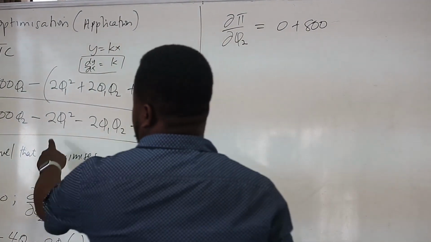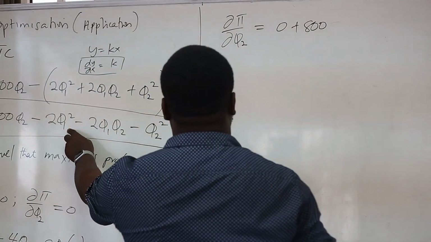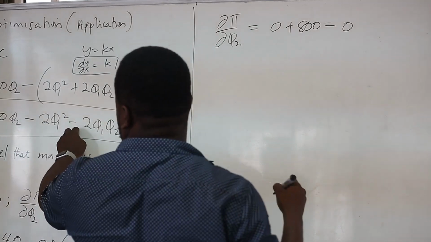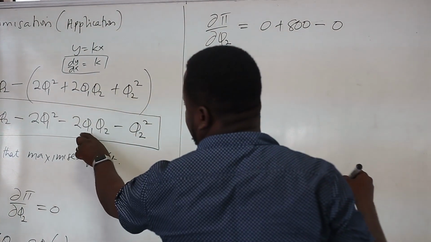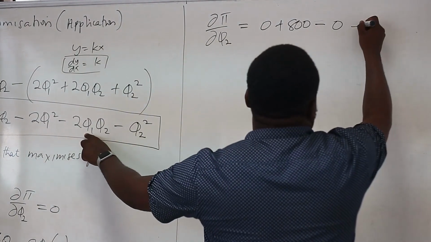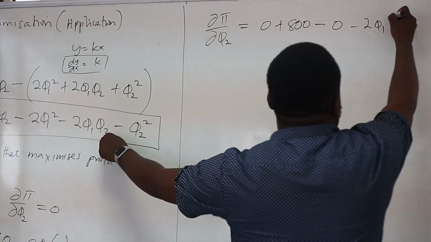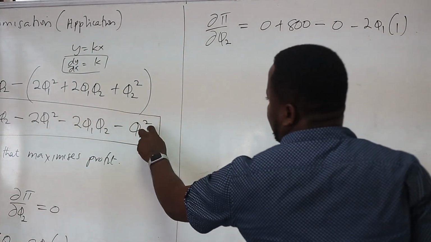Then there's no Q2, so this is a constant. So we have minus 0, but there's no Q2 here. And when you come here, there's Q2 here. So the coefficient of Q2 is constant. So we have minus 2Q1. It's a constant. When we differentiate this, we have 1. Then 2 comes down.